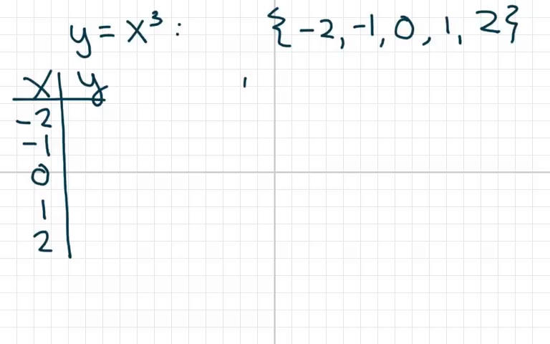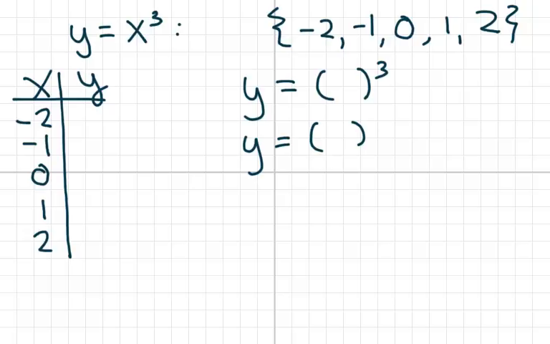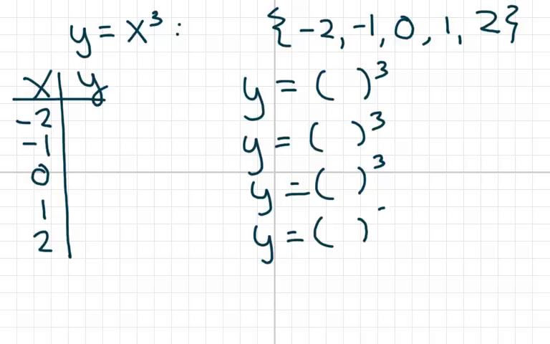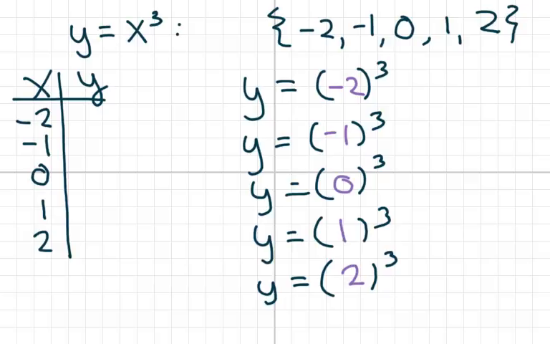So I'm basically plugging in negative 2. I have 5 domain values. Everywhere there's an x, I'm putting parentheses, and I'm going to plug in my domain values and evaluate.